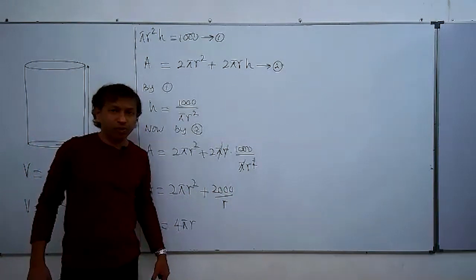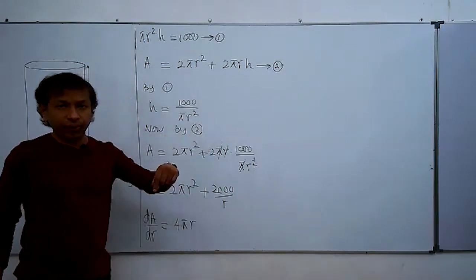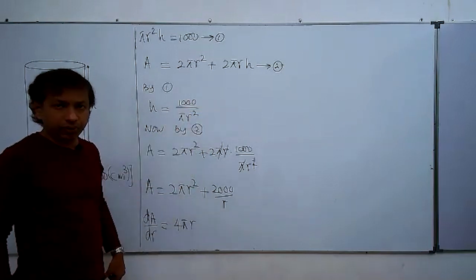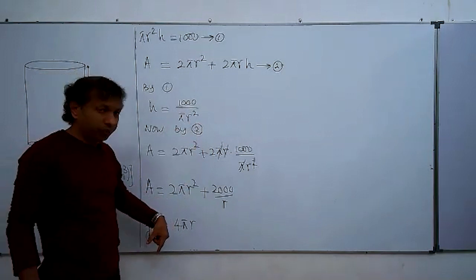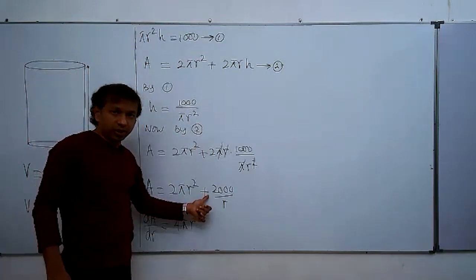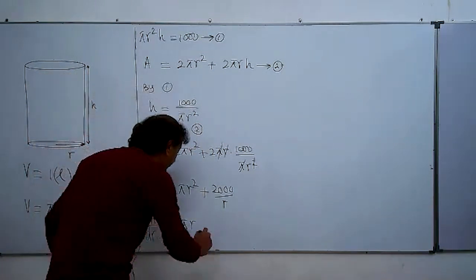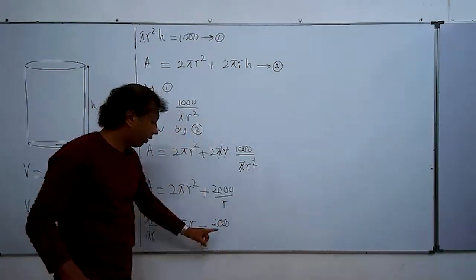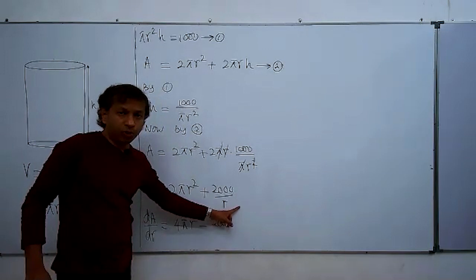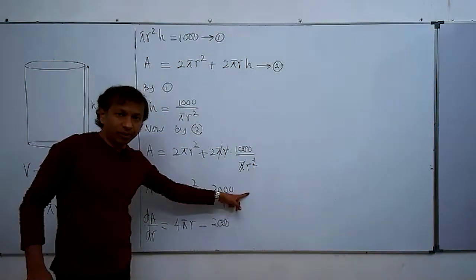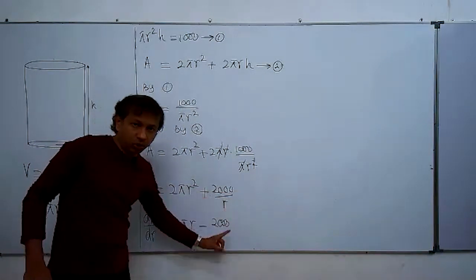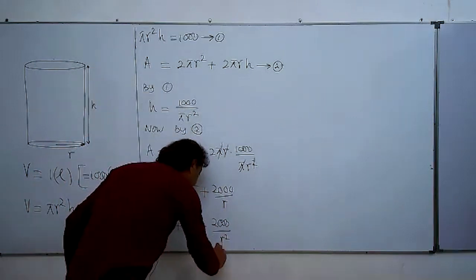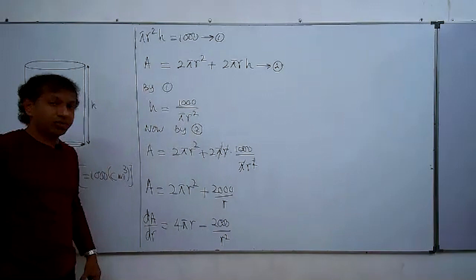Power minus 1, when you differentiate, minus 1 comes before R, minus 1 minus 1, minus 2 coming. Then that minus 1 makes this term negative: minus 2000 into R to the power minus 2. Bringing R to the power minus 2 to the denominator, that will be R squared. This is what we get.